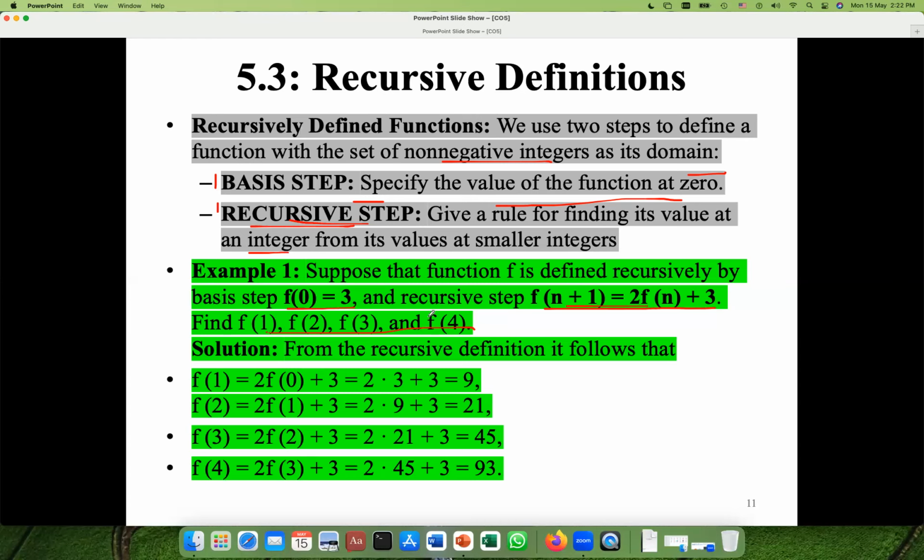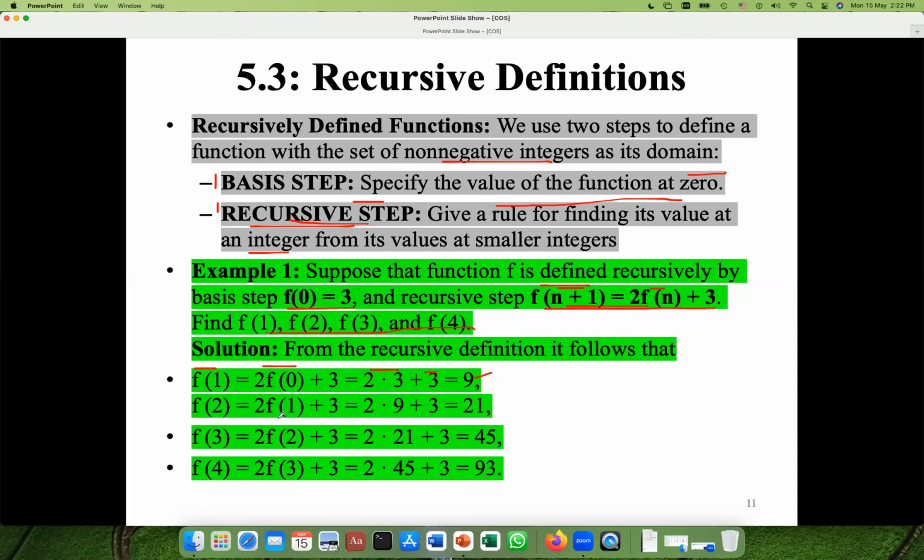So now it's easy. f(1): if you are finding f(1), you are putting n as 0, then 0 plus 1 becomes 1. So f(1) would be 2 times f(0) plus 3, and you have the value of f(0), which is 3. So 2 multiplied by 3 plus 3, and you have 9.